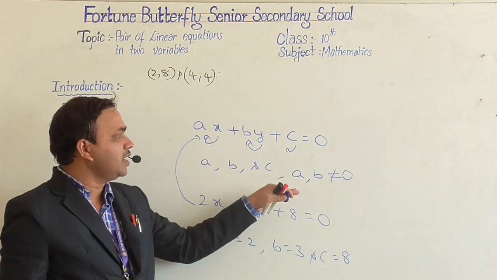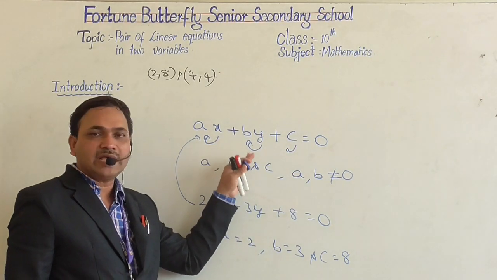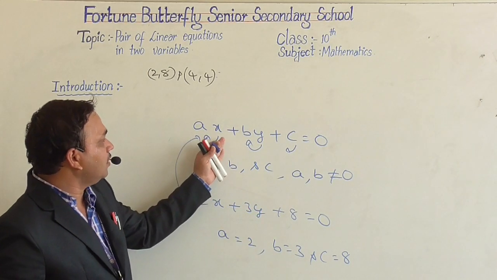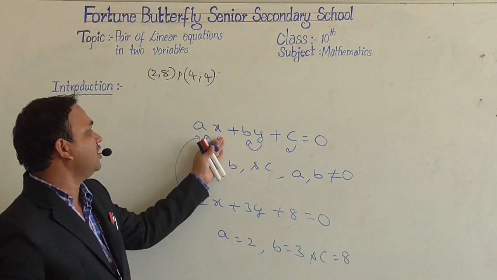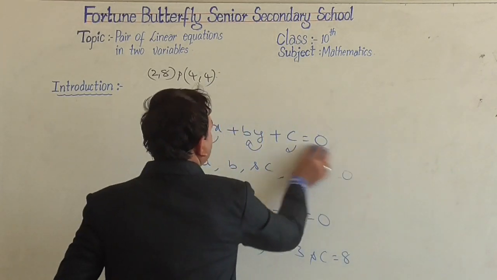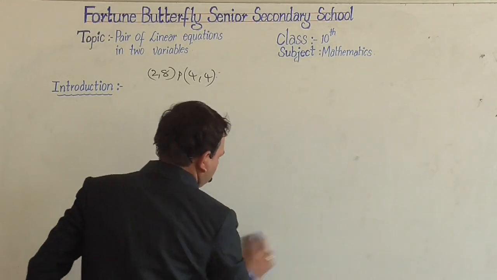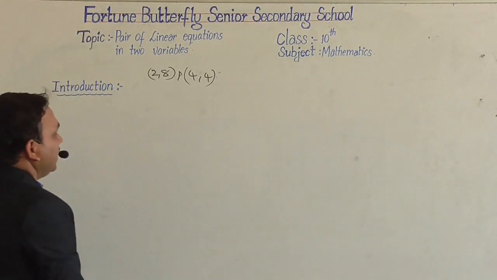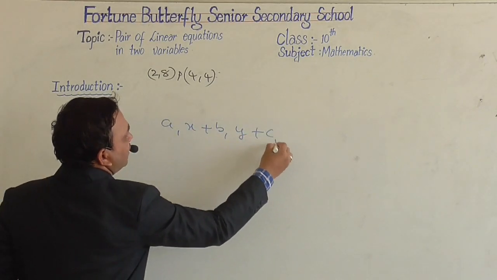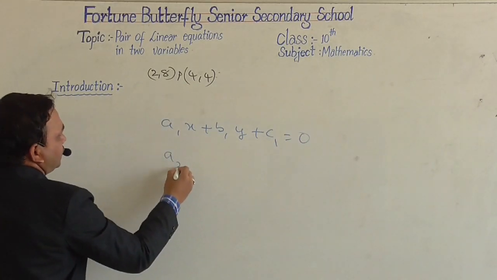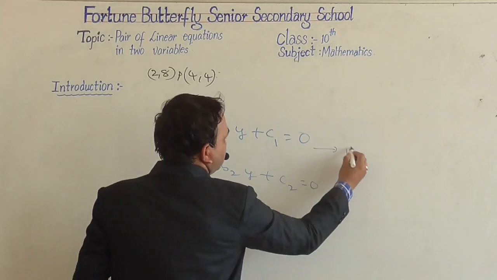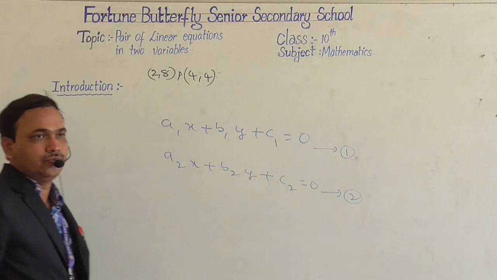This is known as a system of equations or simultaneous equations also. Let us consider another pair of linear equations: a1x plus b1y plus c1 is equal to 0, equation number 1, and a2x plus b2y plus c2 is equal to 0, equation number 2.